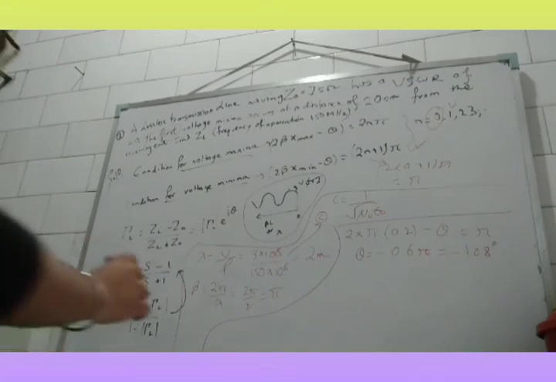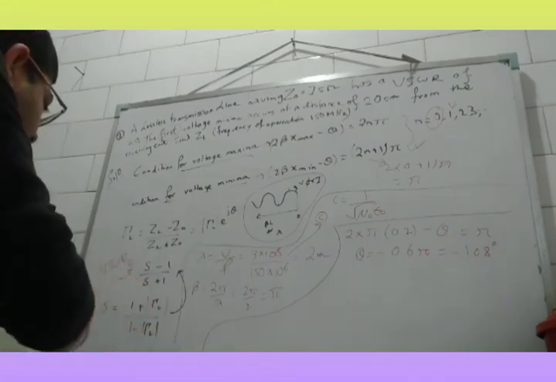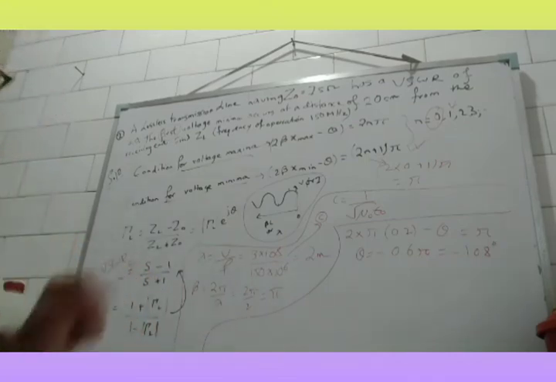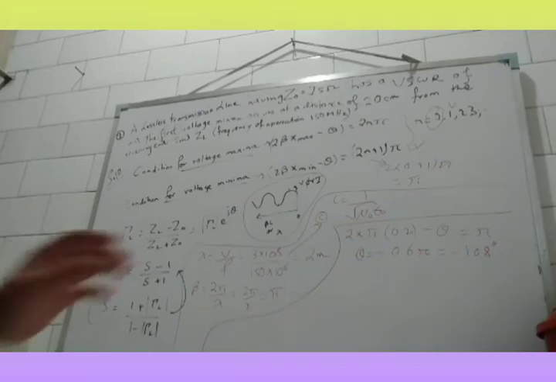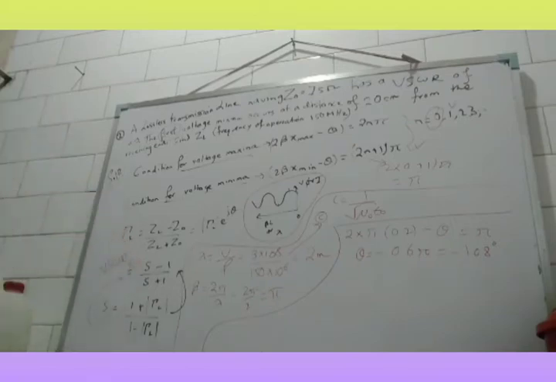Okay, from here you can write that your gamma L will be S minus 1 by S plus 1, of course the magnitude.